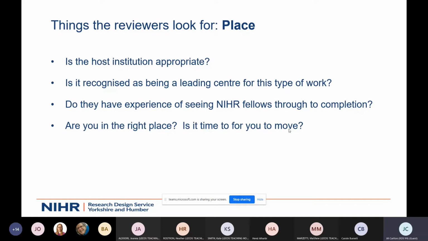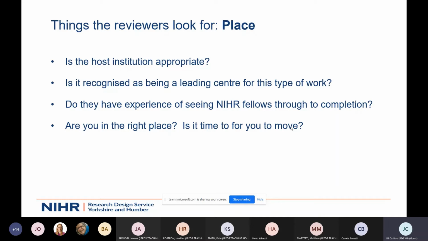How embedded are they within it? What sort of mechanisms are in place to support those fellows? You need to describe this within the application form itself, and you're going to have to find out what that academic institution can do for you to help you with that.